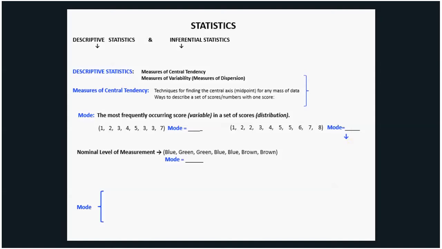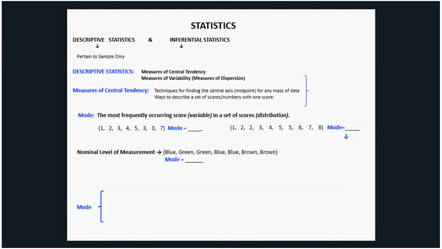When we talk about statistics, as we said, basically it's a way to put numbers to various things. It's kind of the study of numbers that we're looking at. And you've got two basic categories or branches of statistics: descriptive statistics and inferential statistics. Descriptive statistics pertain to your sample only.